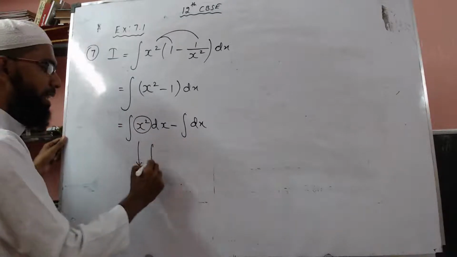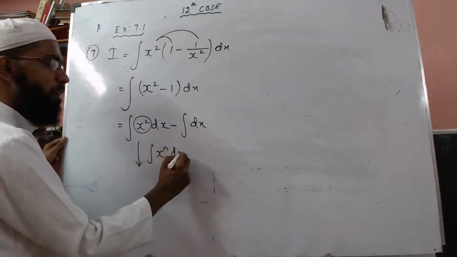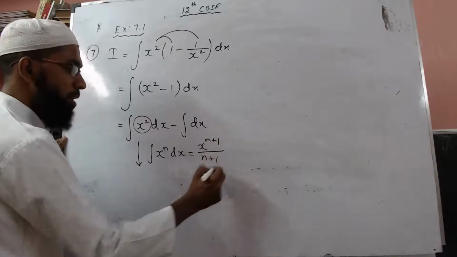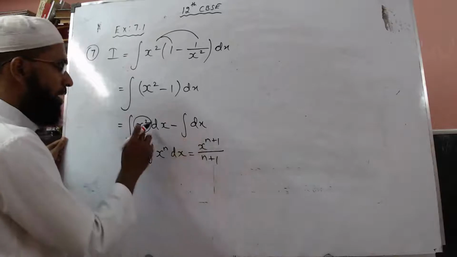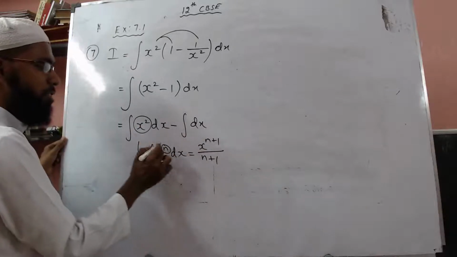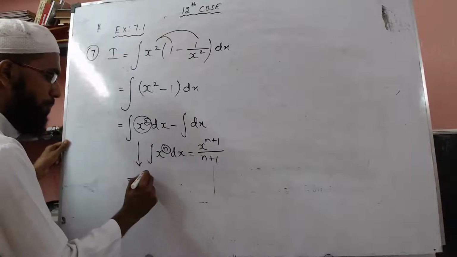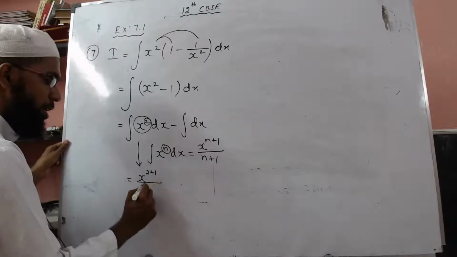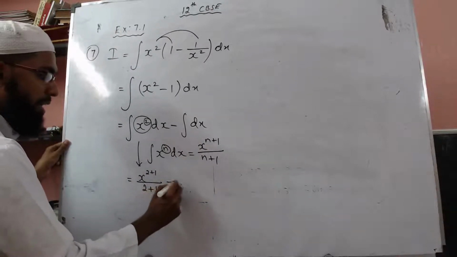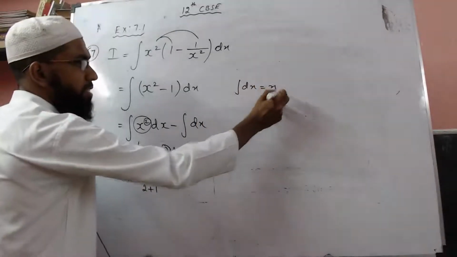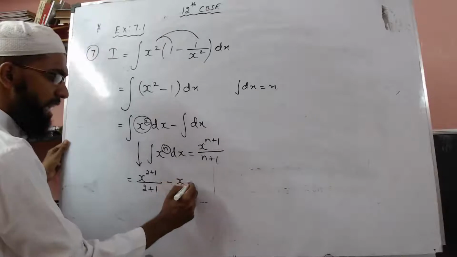We know the formula: the integral of x power n dx is x power n plus 1 by n plus 1. Here, in place of n, I have 2. So it is x power 2 plus 1 by 2 plus 1 minus the integral of dx. I told you in the last video that the integral of dx is x, right? So the integral of this is x.